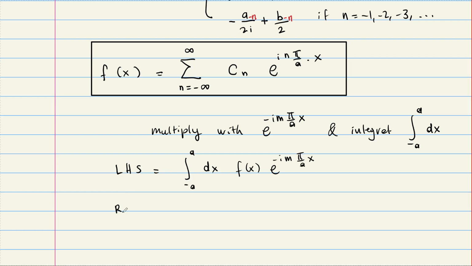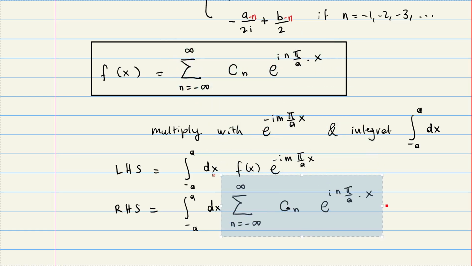Right hand side is equal to, again, the sum from minus infinity, and the integral from minus a to a dx. I'll copy this entire thing and e to the minus i m pi over a x.